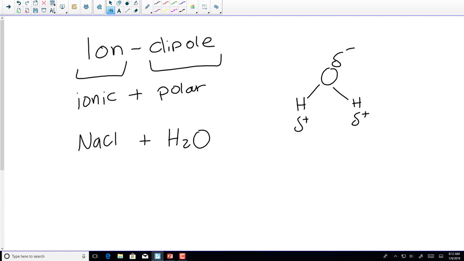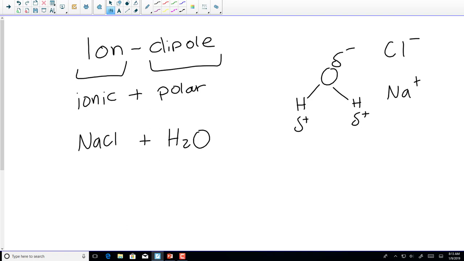Dissolves, but it doesn't just dissolve. The sodium and chlorine are actually going to do what? Separate. Good. So they're going to break apart. We call that dissociation. It's going to dissociate, which means we're going to end up with sodium ions and chloride ions. So the sodium ions, positive or negative? Positive, good. And the chloride ions are? Negative here. So I have sodium ions and chloride ions.